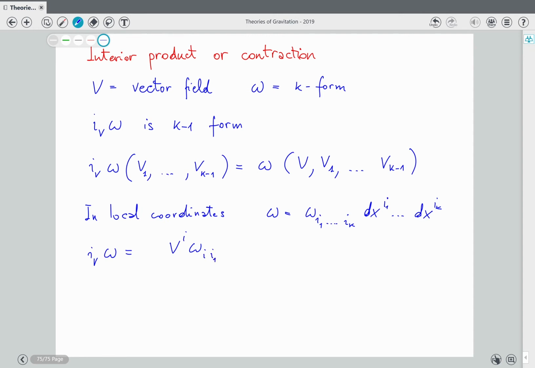The other indices are left free. So you have a k minus 1 form, and actually, since you can contract in k different ways, you multiply by k.